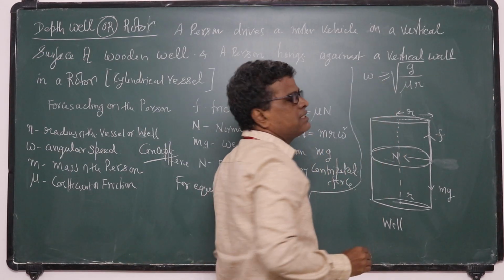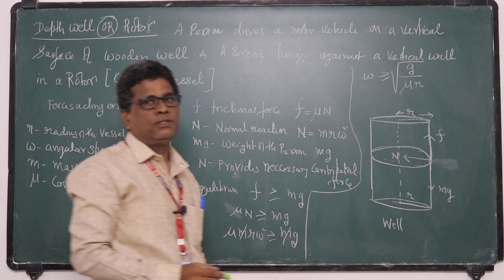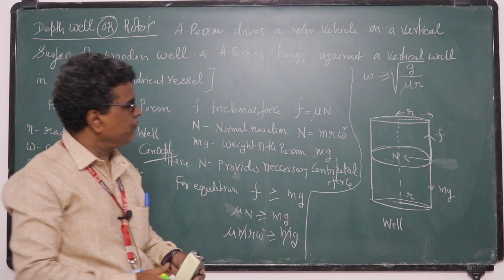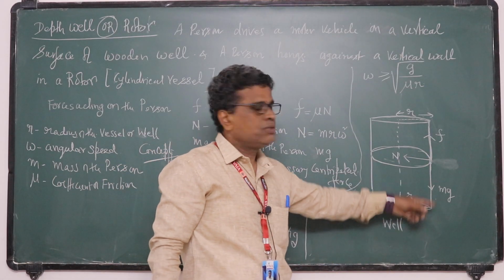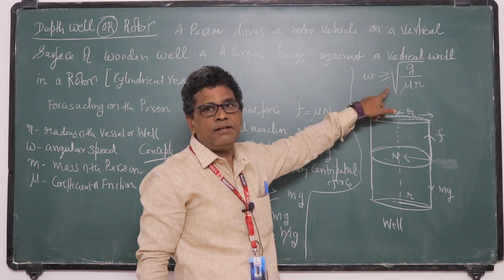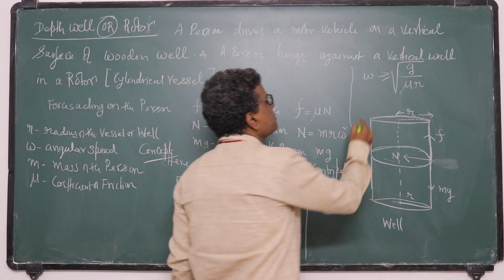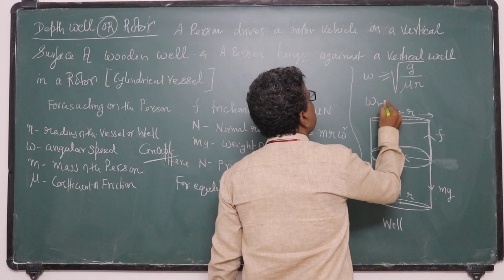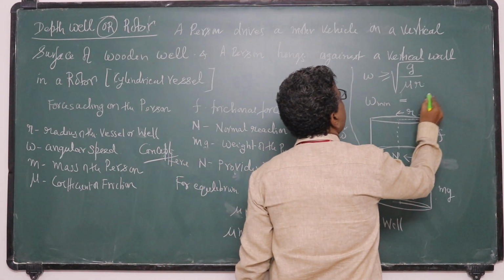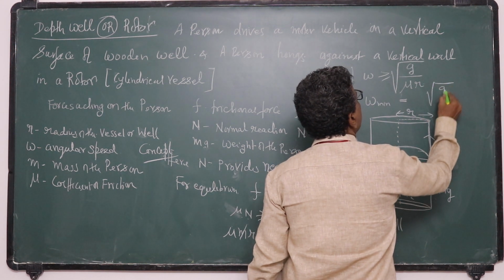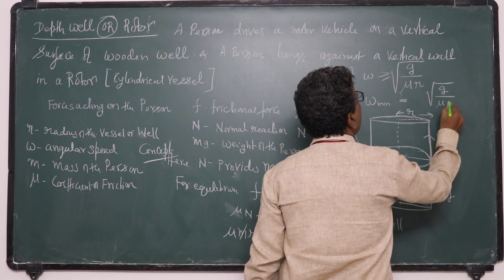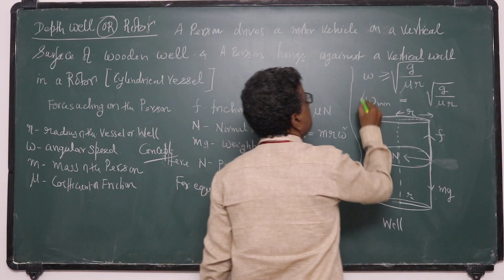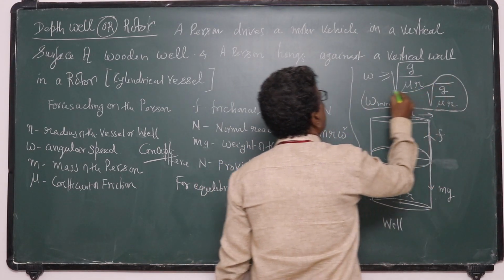So this is the necessary condition for the person to be in stable equilibrium without falling. So the vehicle should maintain a certain minimum speed. What is the minimum speed? Minimum speed is equal to square root of g by mu r. So this is the minimum speed of the vehicle.